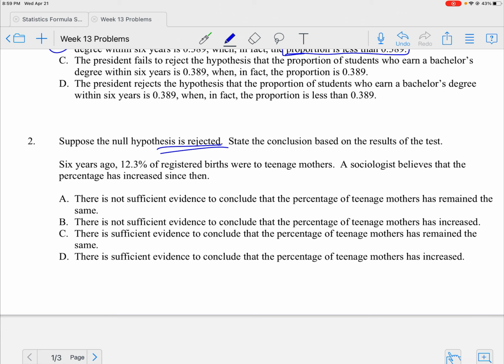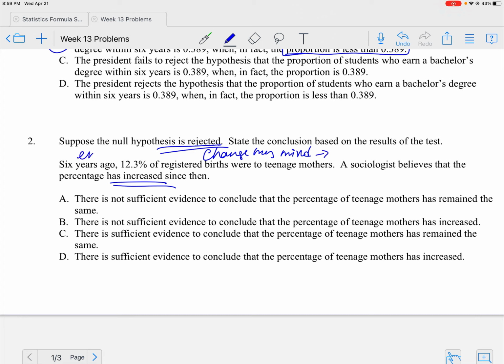A sociologist believes that the percentage has increased since then. So if my null is rejected, that means you are changing my mind. You're changing my mind.